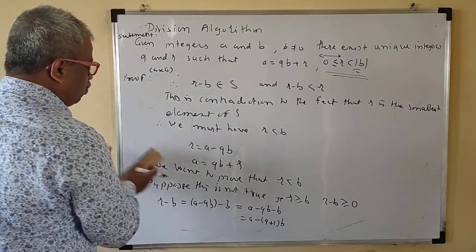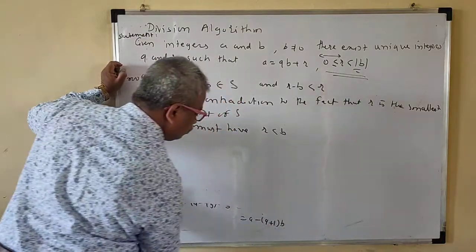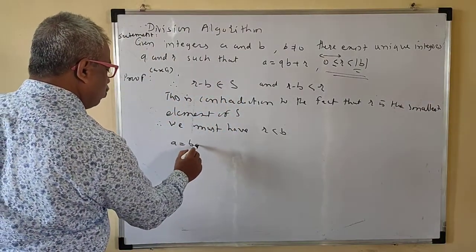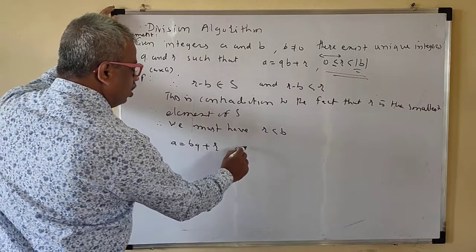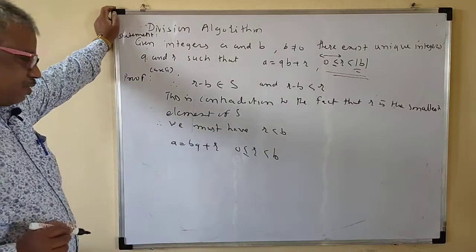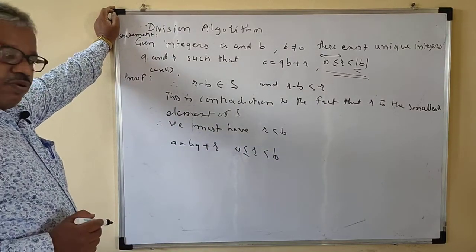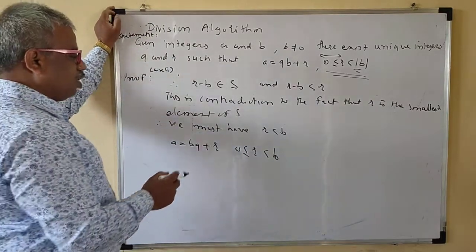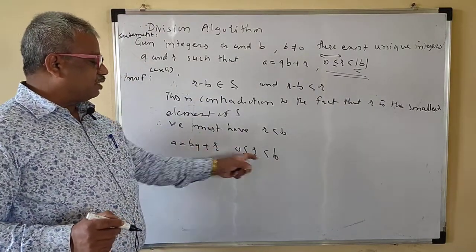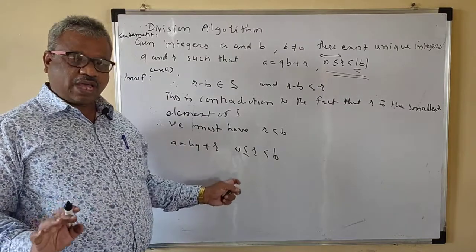Therefore a is equal to bq plus r, 0 less than or equal to r less than b. So we have proved that there exist integers q and r. So we are through now.